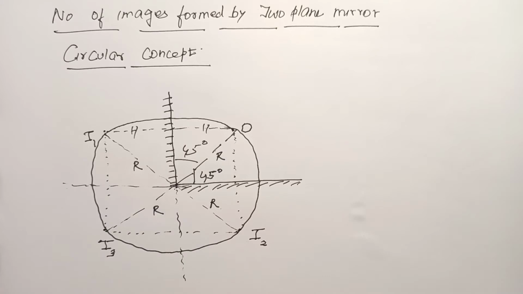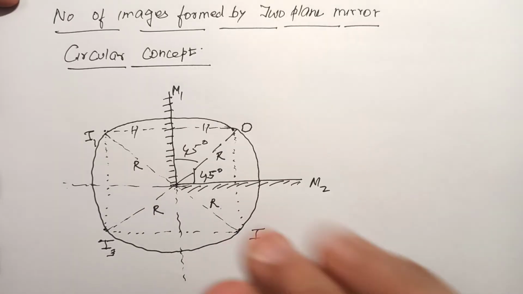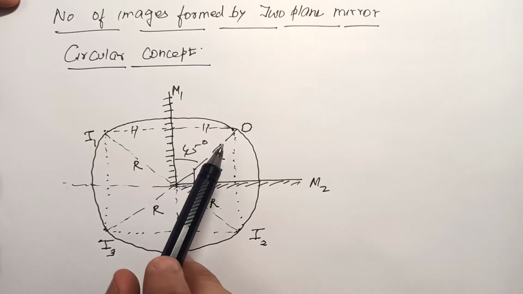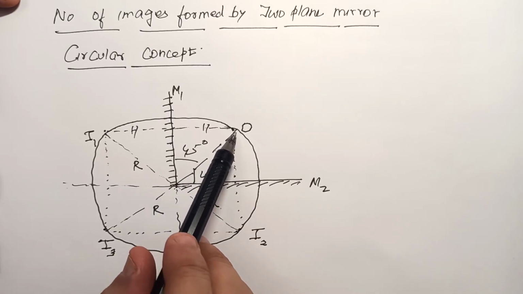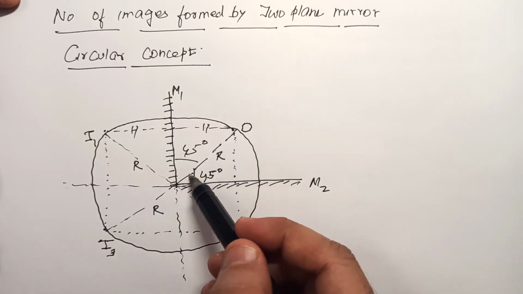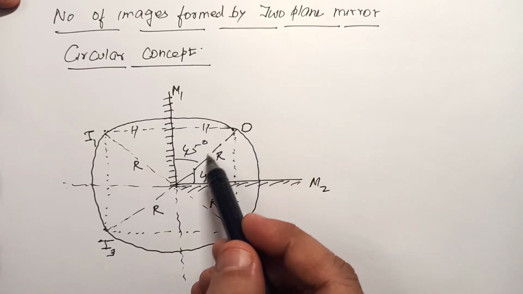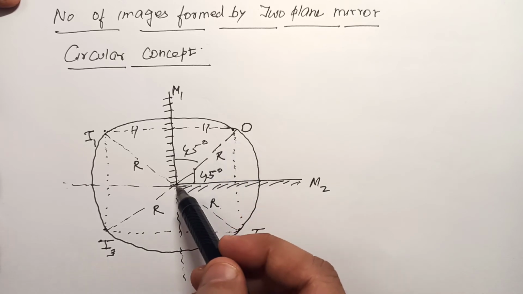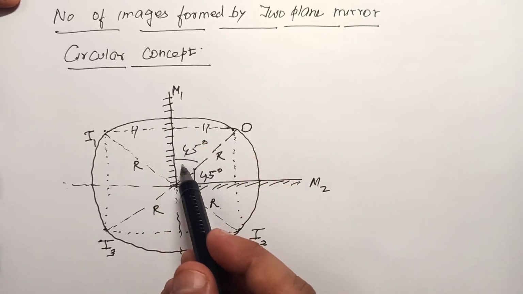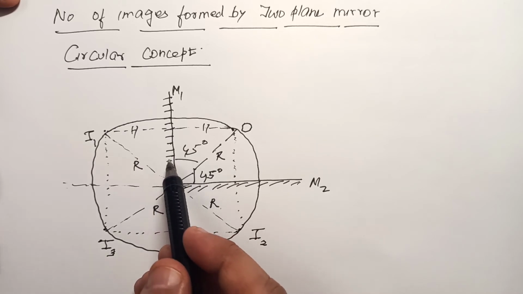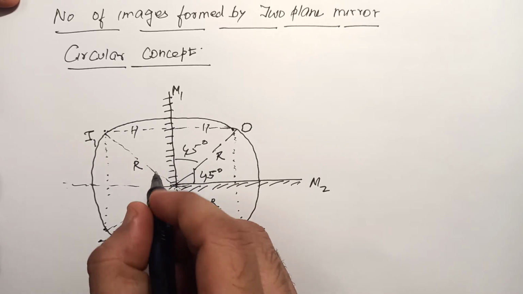Now one thing to note here is that, if you see this line and the mirror, the angle between the object line, which is this, and the mirror line is 45 degree, correct? So the image is formed on the other side at the same angle.